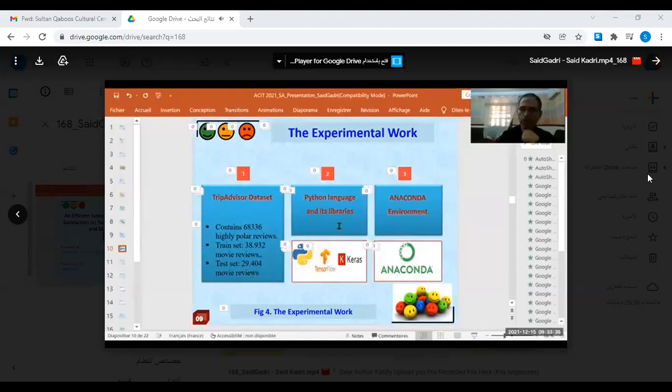For programming, we have used the Python language and other libraries such as the TensorFlow API and Keras API, which are libraries of machine learning and deep learning. And we have worked in an Anaconda environment.